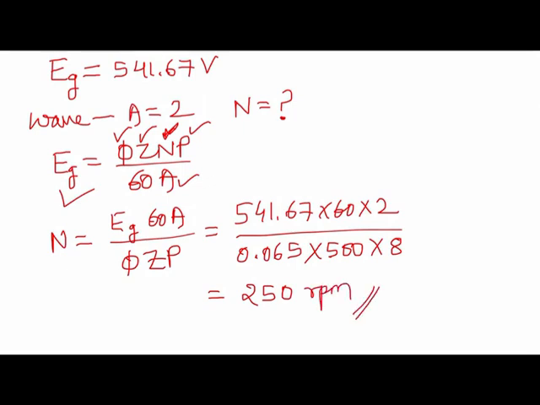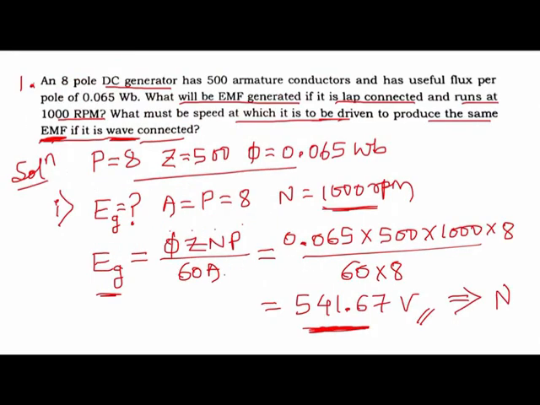So here you can observe lap winding and wave winding connection. If you want the same voltage to be maintained in wave winding also, then the speed at which the generator is to be driven reduces by 1/4, that is it became 250 rotations per minute, whereas in case of lap connected, the speed was 1000 RPM. So this is the solution of the given problem.